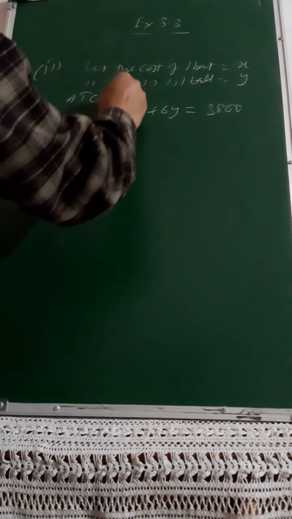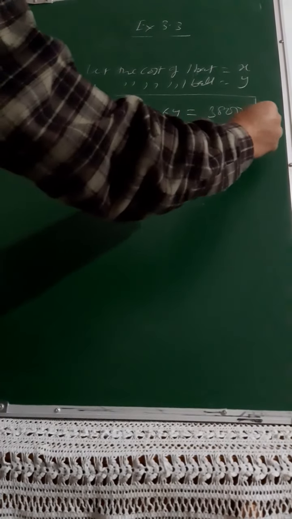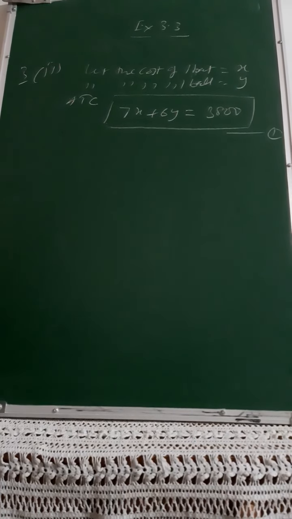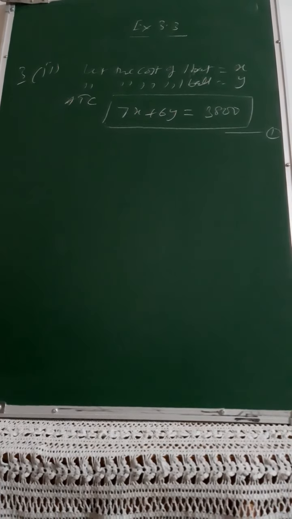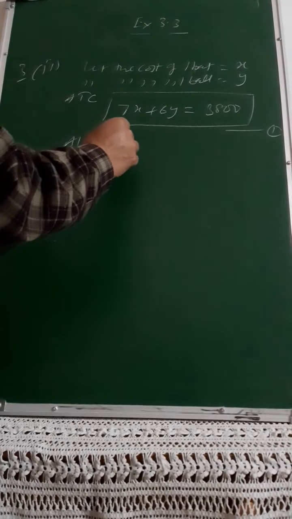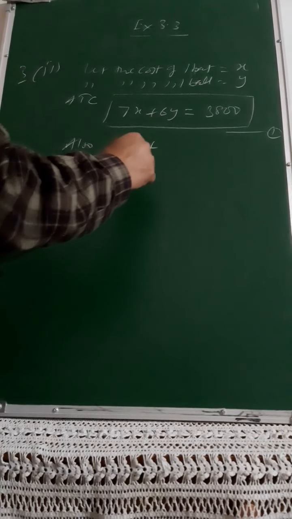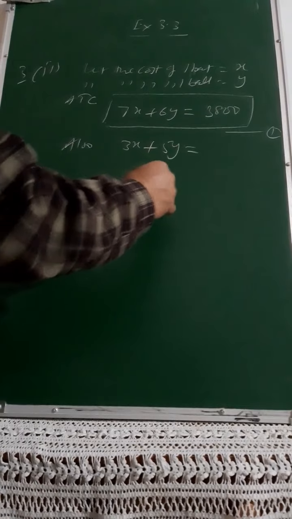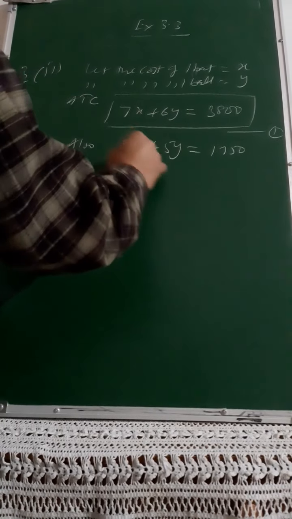Now the substitution will be a bit lengthier for you, but the equation is in standard form as well as in its lowest terms. So this is the first condition, and for the second, 3 bats means 3x and 5 balls means 5y. Total cost is 1750. So this is your equation number 2.